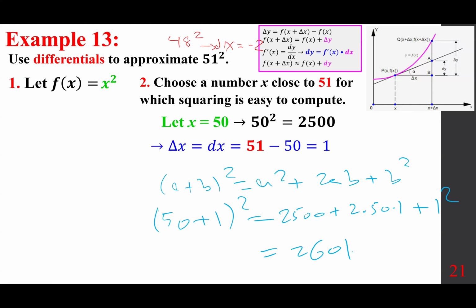But the idea here, of course, is to use the differentials. I'm going to erase this and continue using differentials.